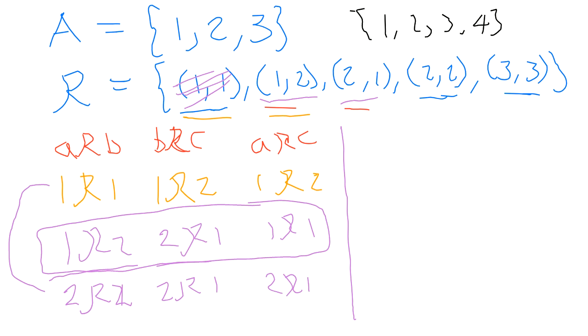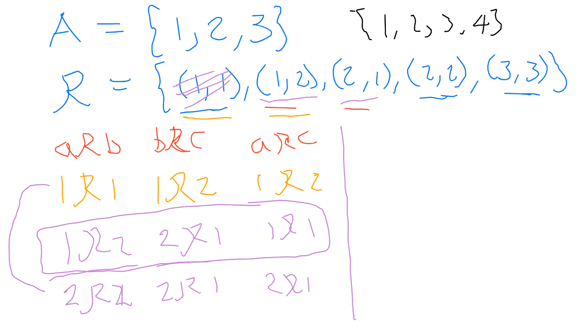Okay. I was thinking that it should only contain 1, 1, 2, 2, 3, 3, and 4, 4. But now I'm understanding that it doesn't matter what else it includes as long as it includes the doubles. Right. So even in the example that we used with 1, 2, and 3, let's say we didn't include 2, 1, but we include 1, 2.